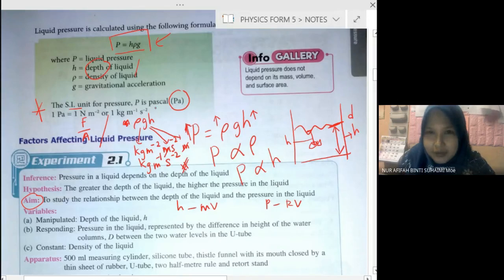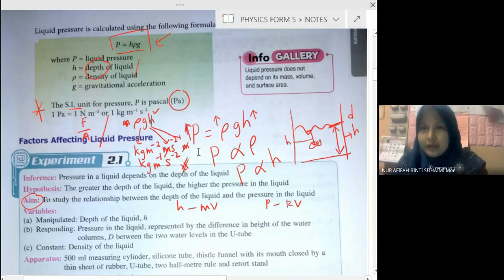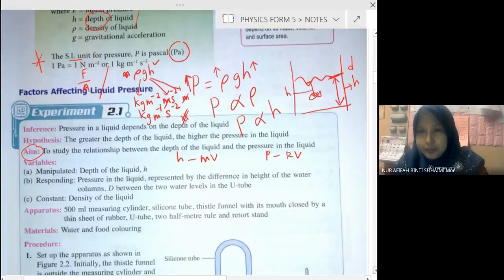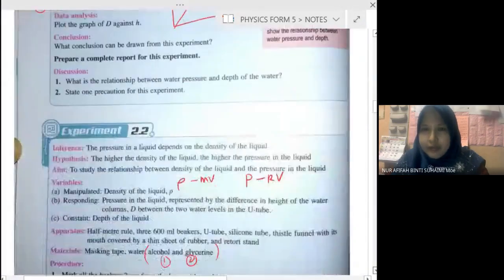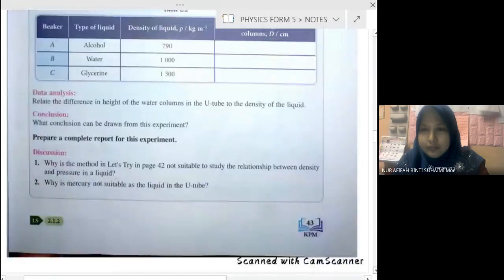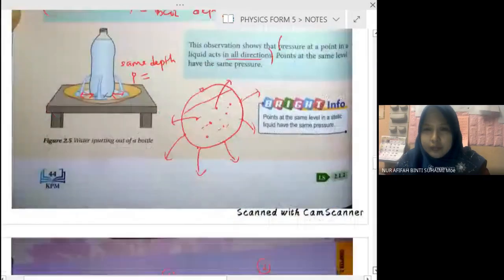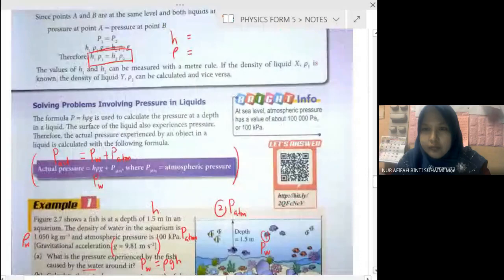So this is how it turns out. For the unit of pressure, either we use the unit from F over A or rho G H. Which one depends on the question. If the question involves force or area, you can use this, or you can also use Pascal. Look at the question.